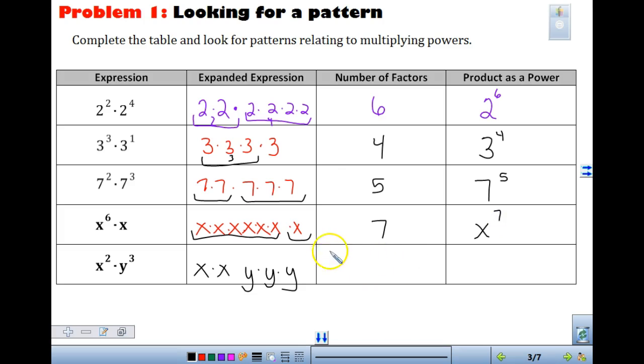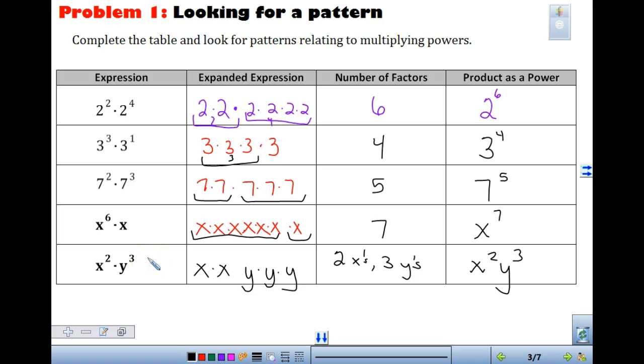But this last one, what you actually have for the number of factors is you have 2 x's and you have 3 y's. And this last one is special, in that your answer is x to the 2nd and y to the 3rd. What was different about all the ones before that? What did you notice about the bases in the first 4, Cassidy? What did you notice about the bases in the first 4 of these going down?